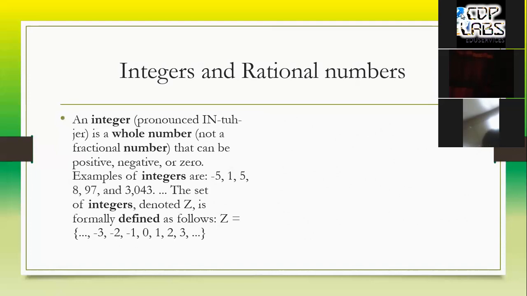The set of integers, denoted Z, is formally defined as follows: Z equals -3, -2, -1, 0, 1, 2, 3, and so on. All right, good. Thank you very much.